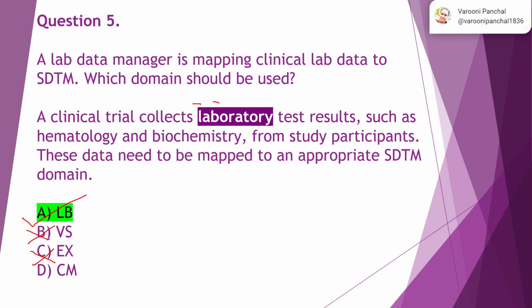For treating that specific thing, you are using this concomitant medication, or some other medications used before getting enrolled into the clinical trial study. So all those medications that the patient is consuming during the clinical trial are your concomitant medications. So this is not the right answer. This domain is related to laboratory, so the correct answer is A.